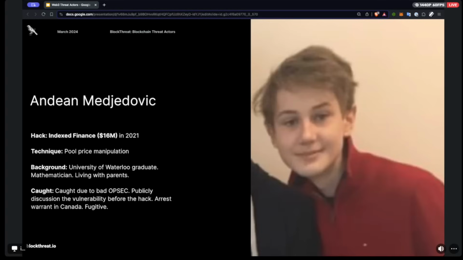Moving on, so we obviously have Ambient. So this is the famous Coda's Law argument. So Canadian kids, he targeted Index Finance, $16 million. This is another smart contract exploitation, so pool price manipulation. That was back in 2021.